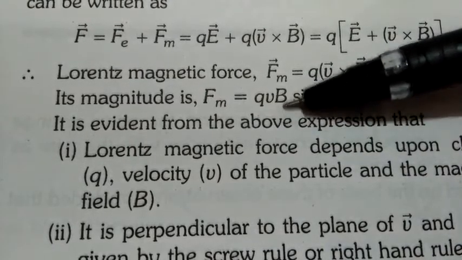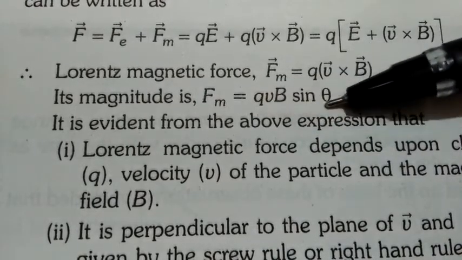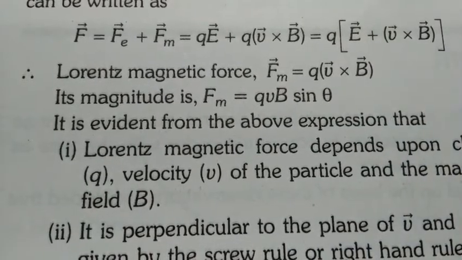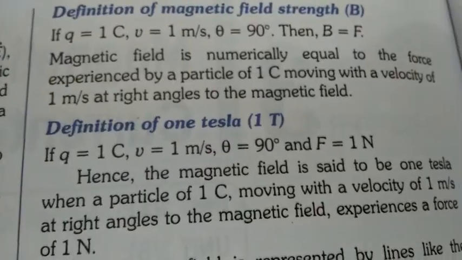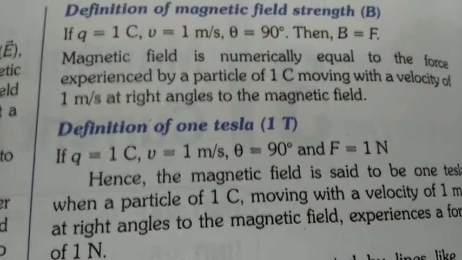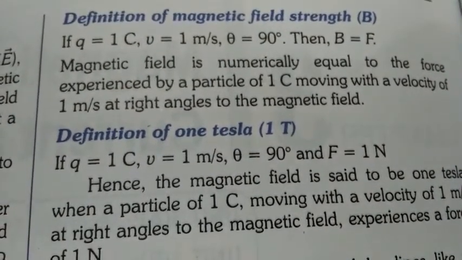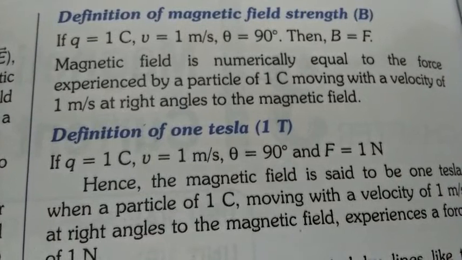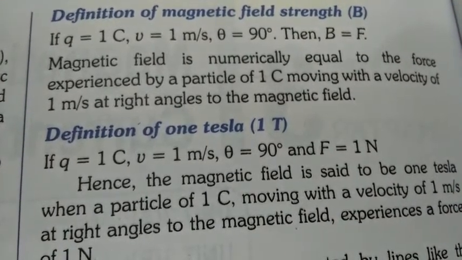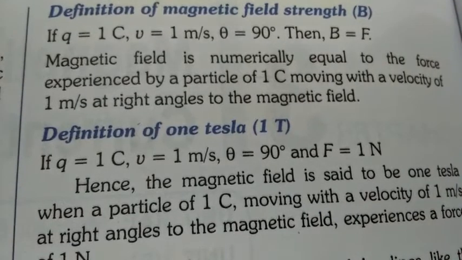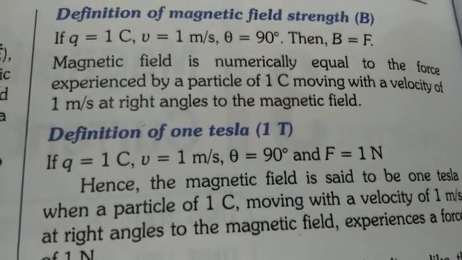So by putting Q, V and sin theta values as unity, we can define magnetic field strength. Here you can see the definition of magnetic field strength. When we put Q equals 1 coulomb, V equals 1 meter per second, theta equals 90 degrees, then B equals F.